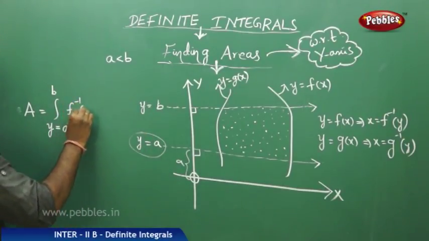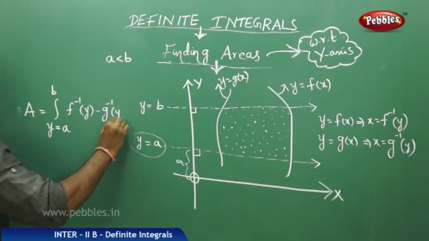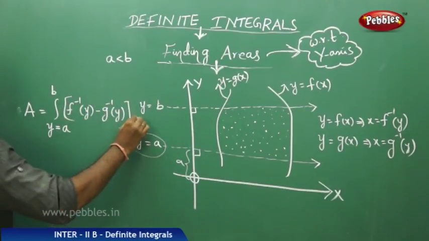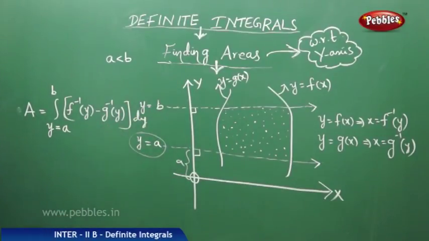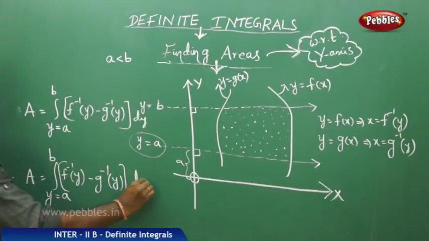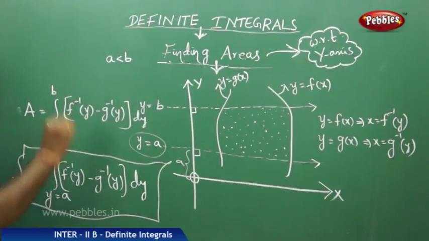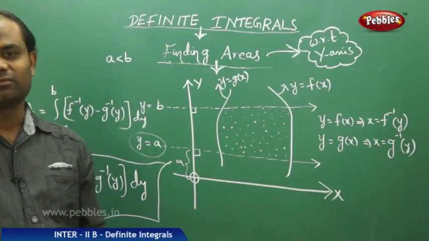So I get this as f inverse y minus g inverse y of dy. So the whole of this is transformed into the integral of f inverse y minus g inverse y of dy, which is what we get in terms of y.